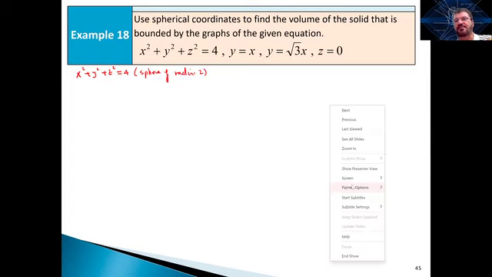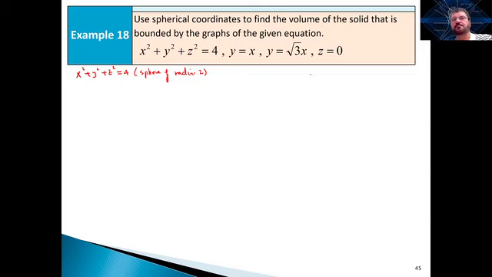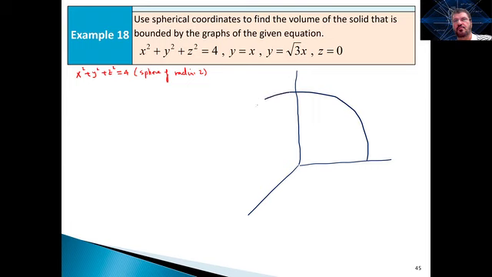So let's make the graph. So a sphere of radius 2.